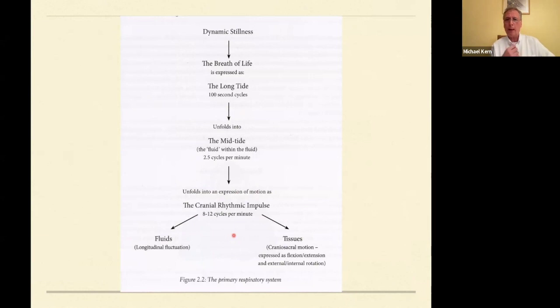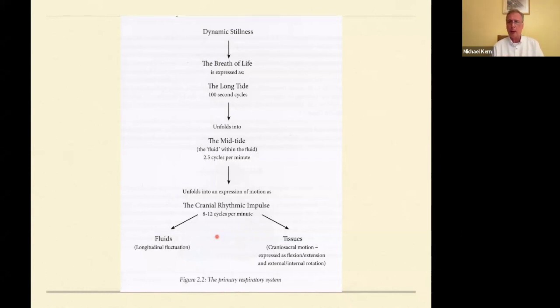And on average, it has around 8 to 12 cycles a minute. That means that about 8 to 12 times a minute, there is one phase of motion followed by another phase of motion. And this is really where he started his practice.